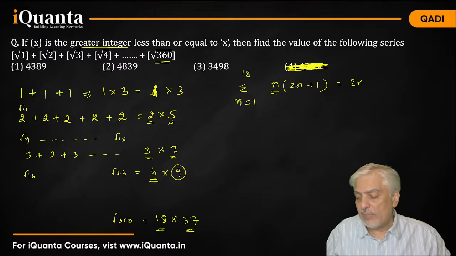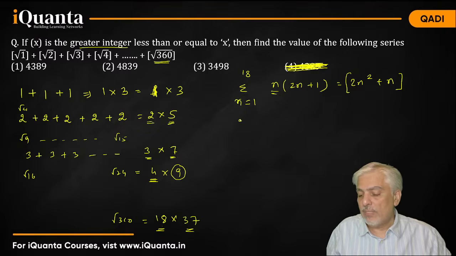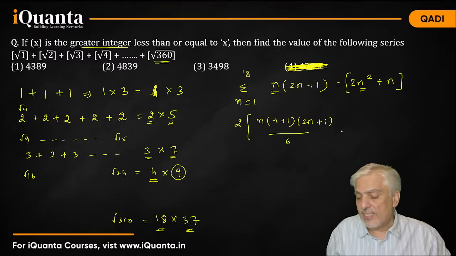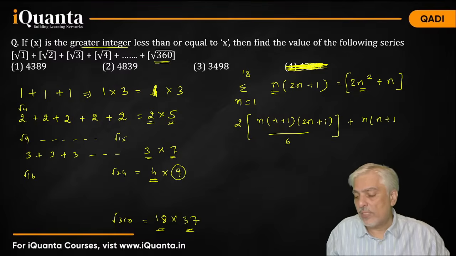Open the bracket up, it will become 2n square plus n. Summation of that will become 2 into the formula for n square. n square का formula is n into n plus 1 into 2n plus 1 upon 6, plus n का formula is n into n plus 1 upon 2.